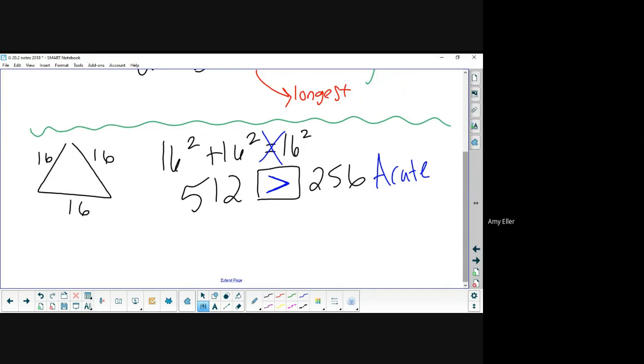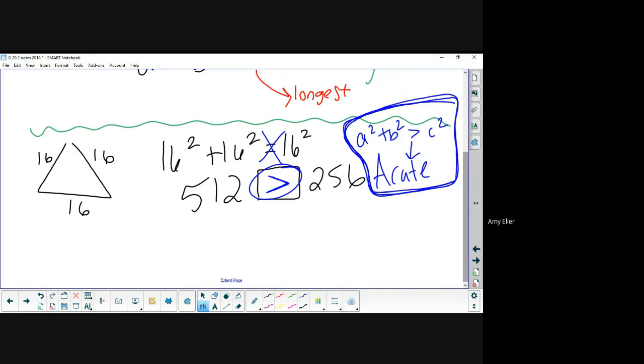This is like a big chunk of this lesson. If they're equal, it's right. If a squared plus b squared is greater than c squared, it'll be acute. Make sure you get that written down in your notes.